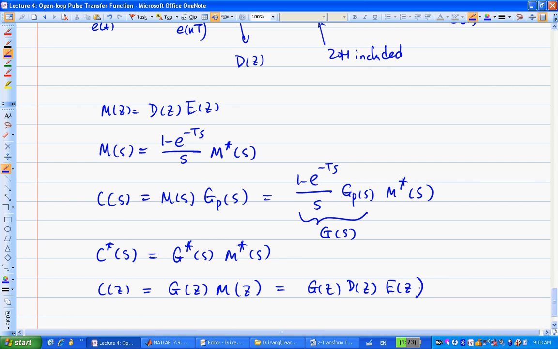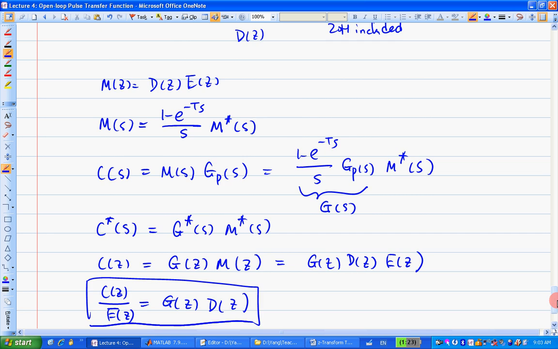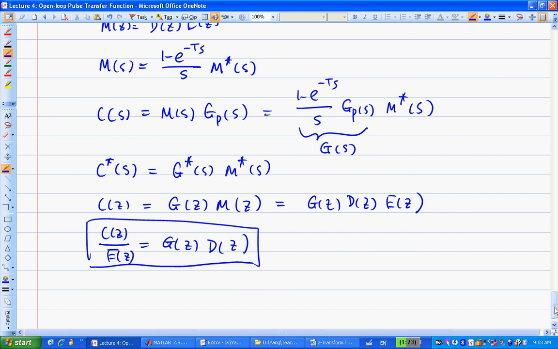The pulse transfer function between the input and output is G of z and D of z. That's the pulse transfer function for that block. It basically consists of the multiplication of two things: one is the digital controller, and the other is a discretized plant.